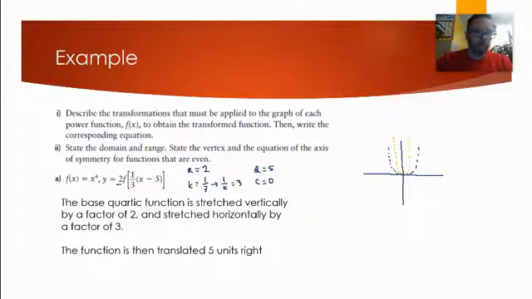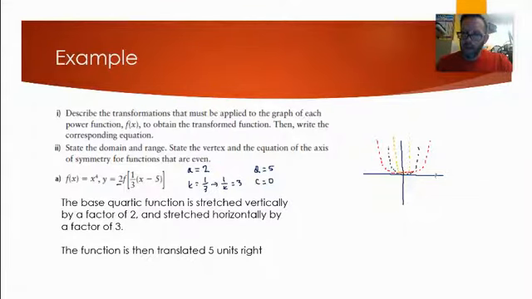And then the graph is stretched horizontally by a factor of 3. So it might look something now like this. And then finally, the function is translated 5 units to the right. So I'll get one final color here. The question didn't ask us to make a sketch, but maybe it's just helpful for learning purposes.